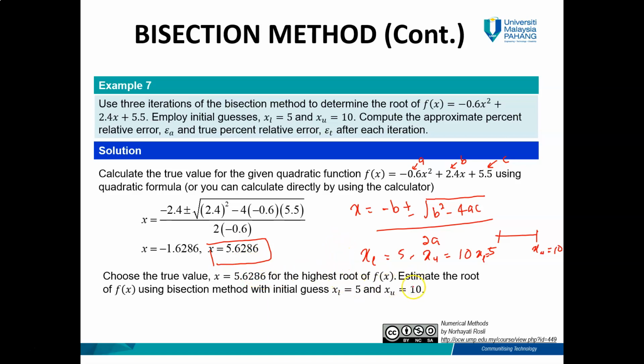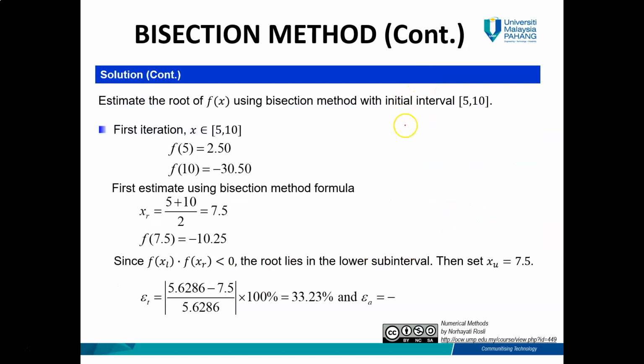And then, how can we estimate the root of f(x) by using the bisection method? If you still remember step number 1, we need to choose the lower guess xl and upper guess xu that bracket the root such that the function has opposite signs. So for the first iteration, it is already given in the question that our x lies between 5 and 10, because we have xl equal to 5 and xu equal to 10.